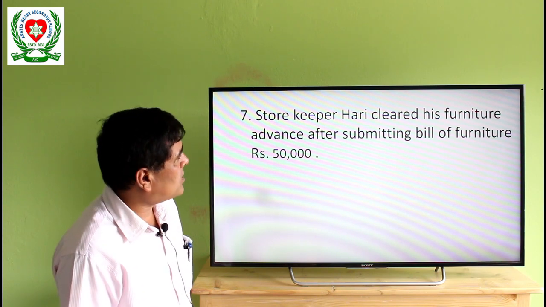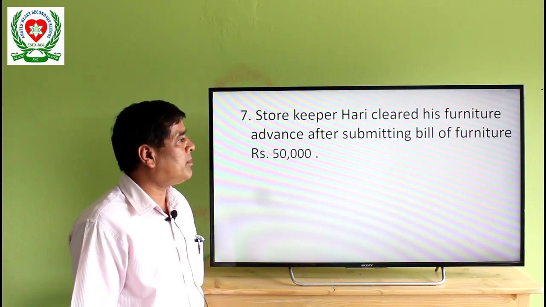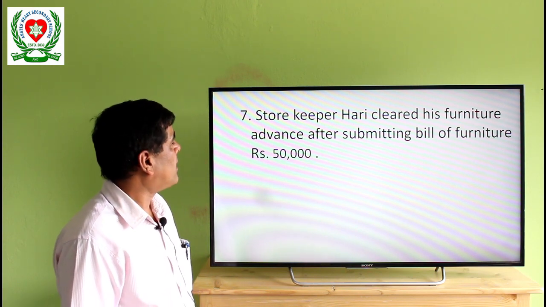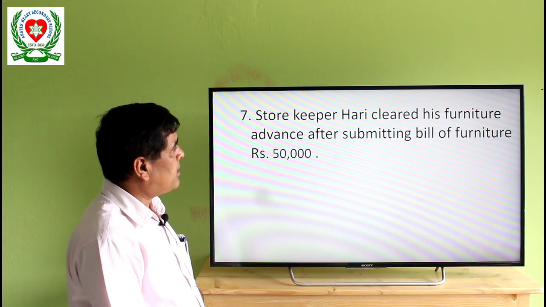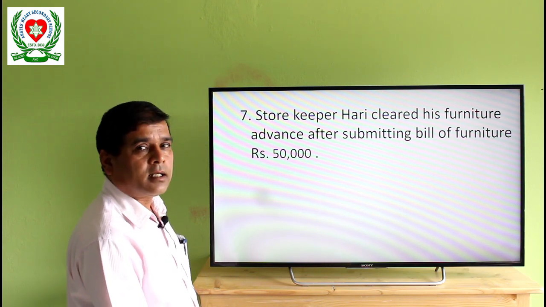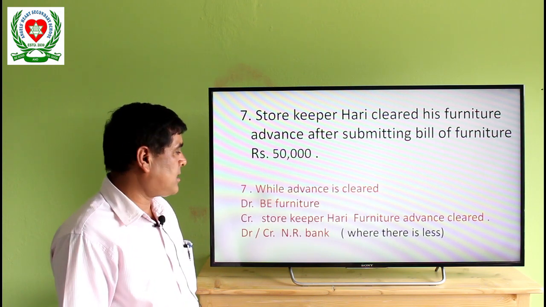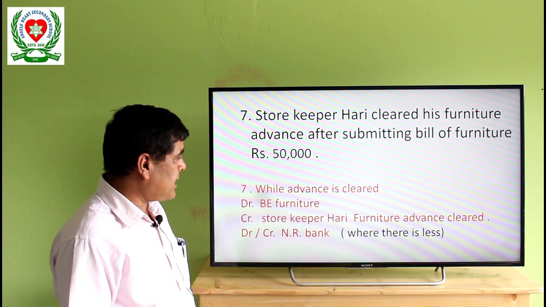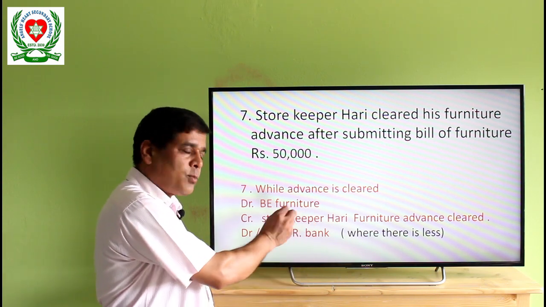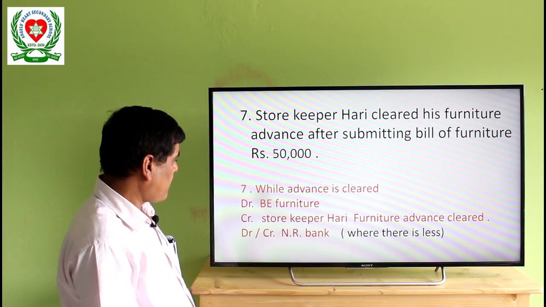Next question is, storekeeper Hari clears his furniture advance after submitting the bill of furniture, rupees 50,000. We had given advance for purchasing furniture, and while clearing we need this formula: debit B furniture, credit the one who had taken the advance, his name and post should be written, and advance clearance should be written.